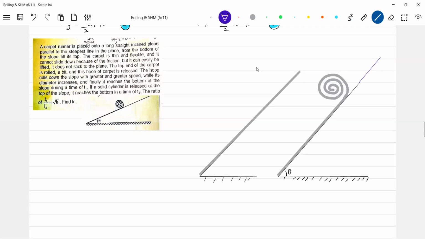Try that approach also, nothing wrong. Hope now you understood: a small loop is made and released. Otherwise, not possible. It will stay there only.